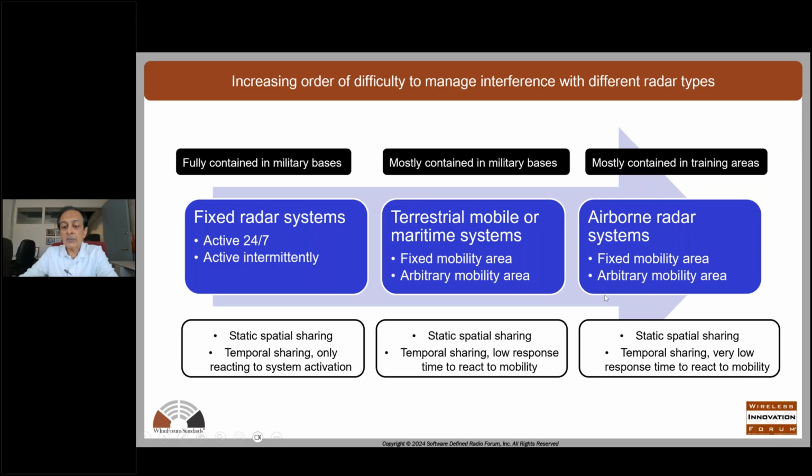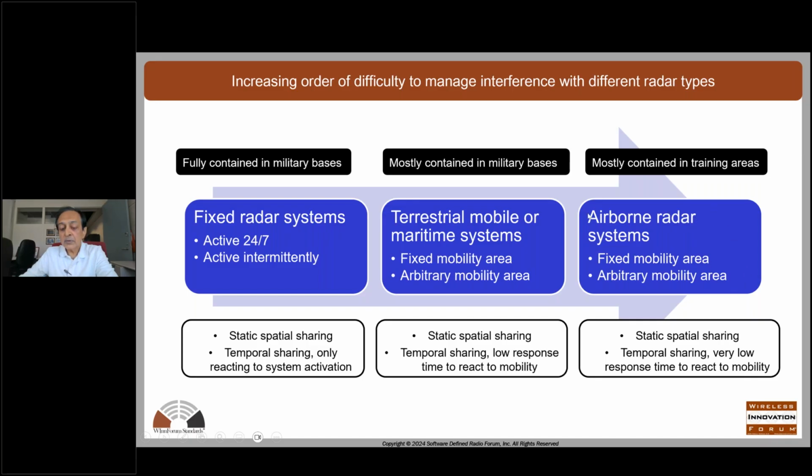However, we have to be prepared for the aeronautical radars, AWACS, to venture into arbitrary mobility areas, where maybe in case of national emergencies or some other purposes they may. So the system again has to be ready, prepared to deal with this high-speed mobility of the systems.